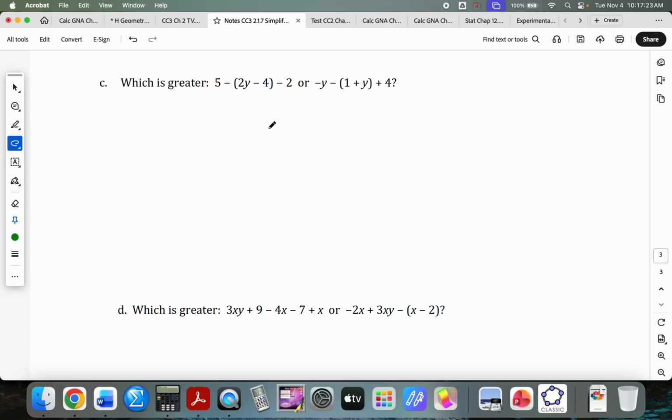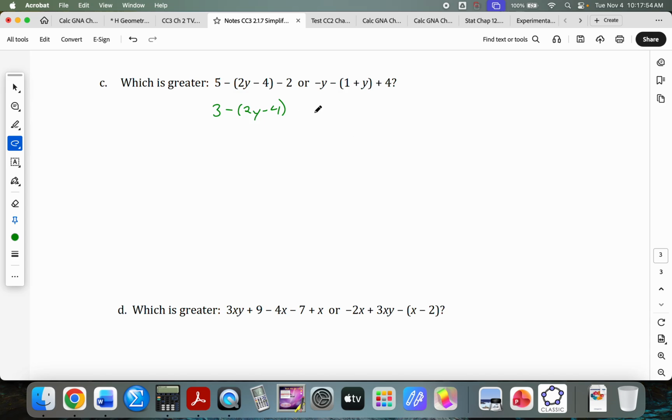Okay, let's try simplifying both of these without any tiles. Over here, we usually don't have what's not in the parentheses next to each other, but I've got 5 minus 2, so that's 3. Minus 2y minus 4.